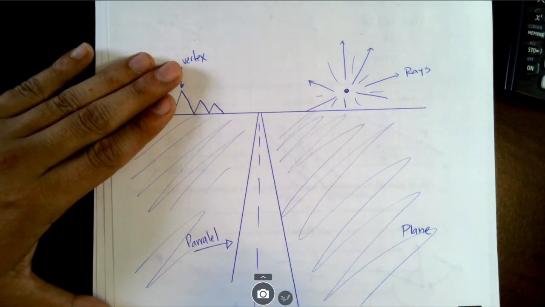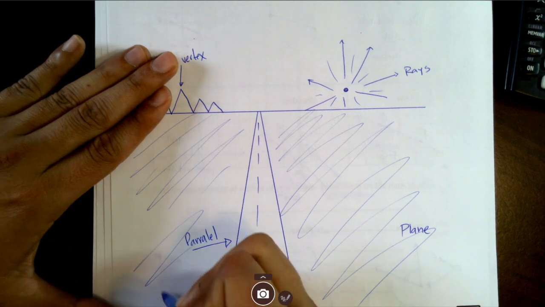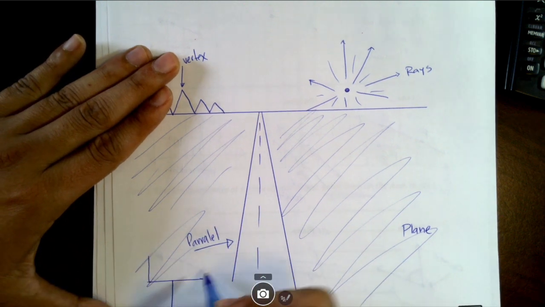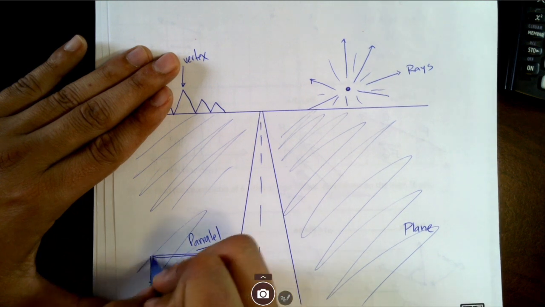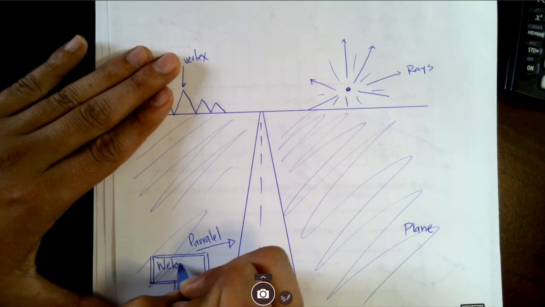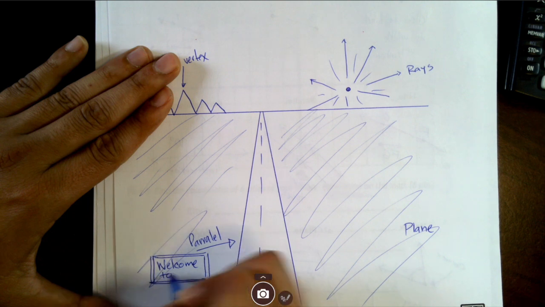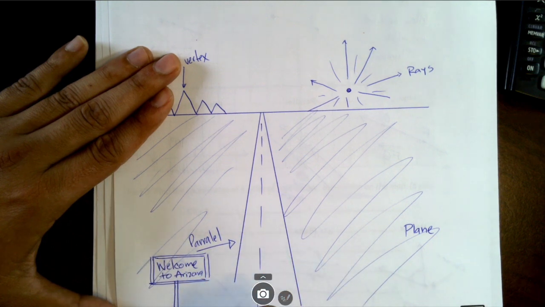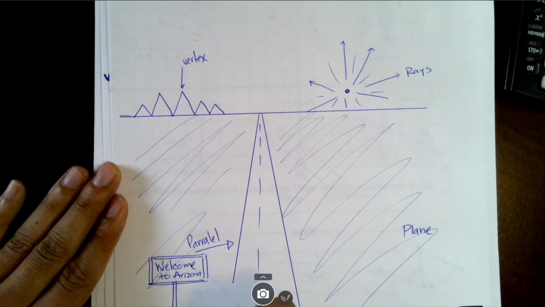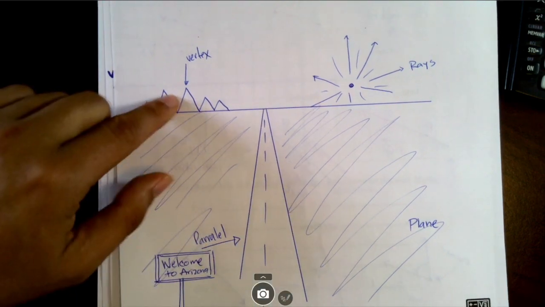Let's say there's a sign in the middle of the road. It says welcome to Arizona. Okay, this sign is perpendicular to the ground. Perpendicular. So we got 1, 2, 3, 4, 5.